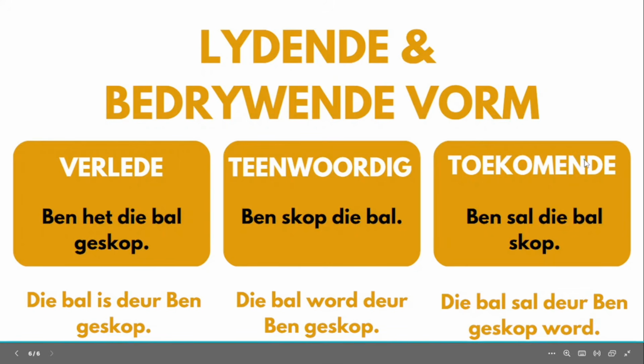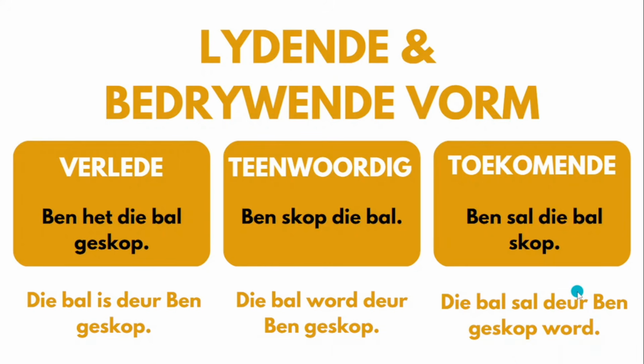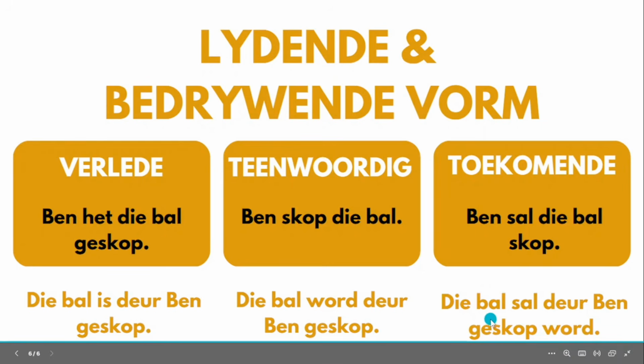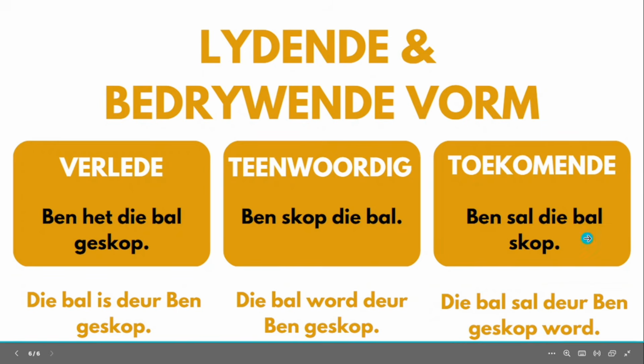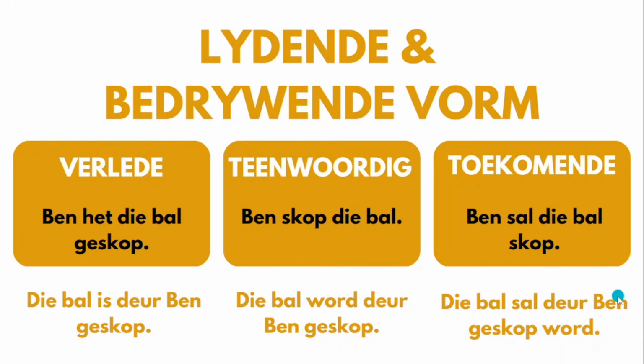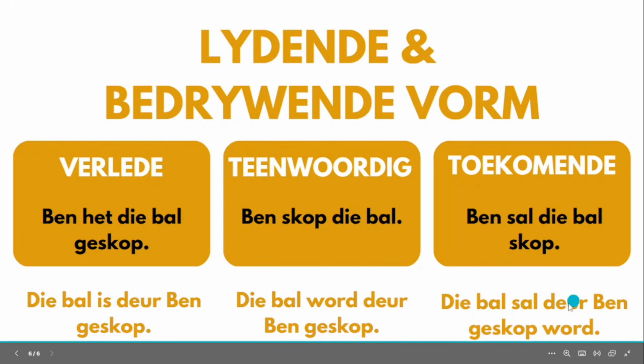So die bal sal, and then number 3, deur the subject, deur Ben, then put this in the past, geskop, and then don't forget word at the end. So that's why I put the ellipsis there, because I want you to realize that all these other things must first occur and then word will be at the end.